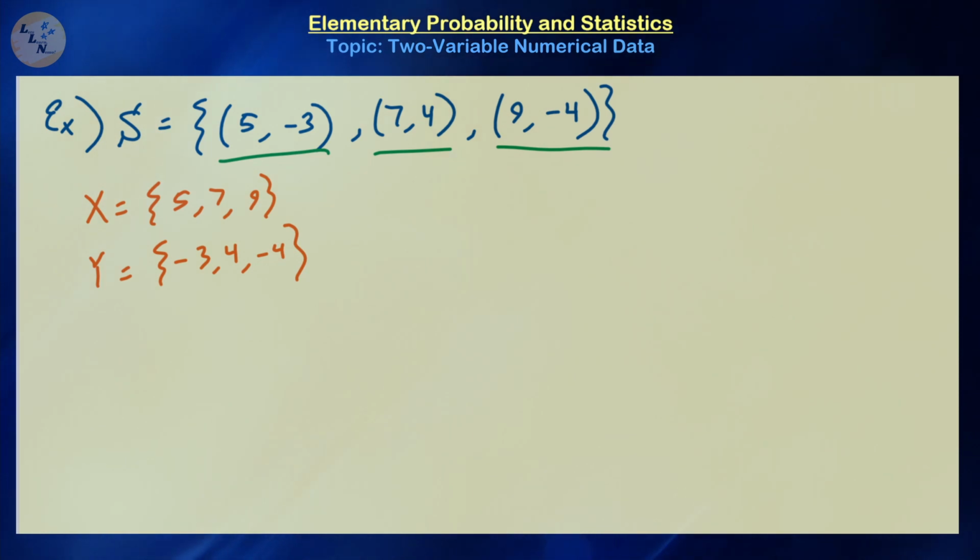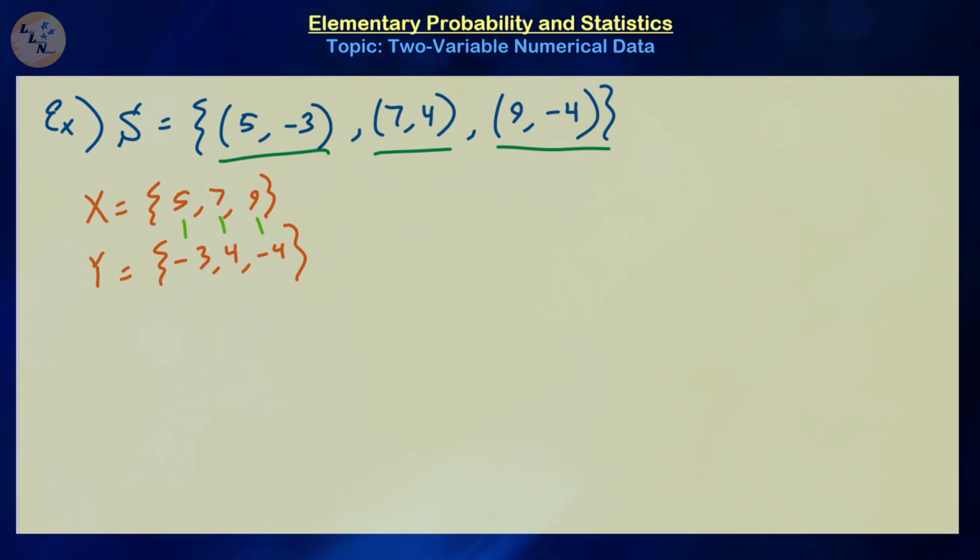And it's important to remember the association between these numbers because you cannot mix them up for the covariance calculation. But from these individual sets, we can calculate a few metrics that are going to be used for these two-dimensional metrics, in particular the mean and the standard deviation of each of them.